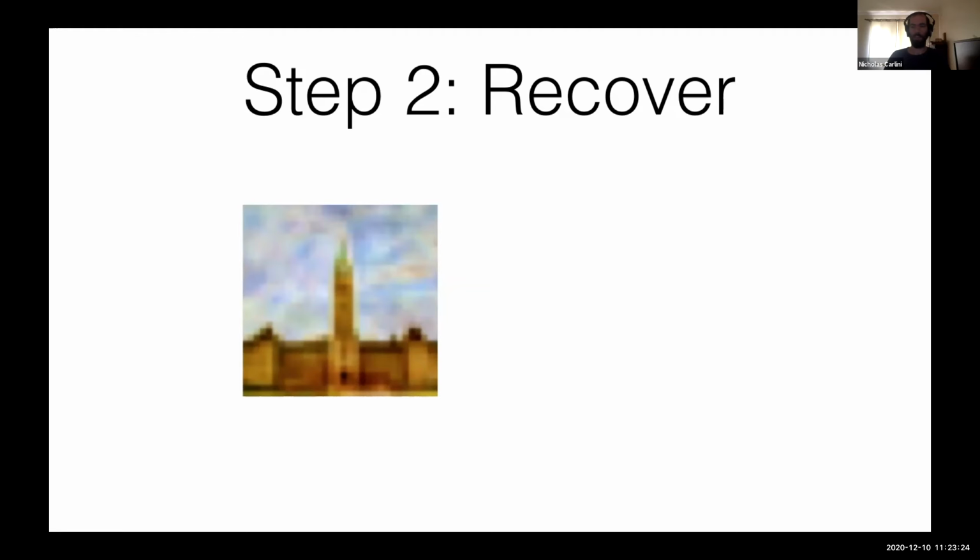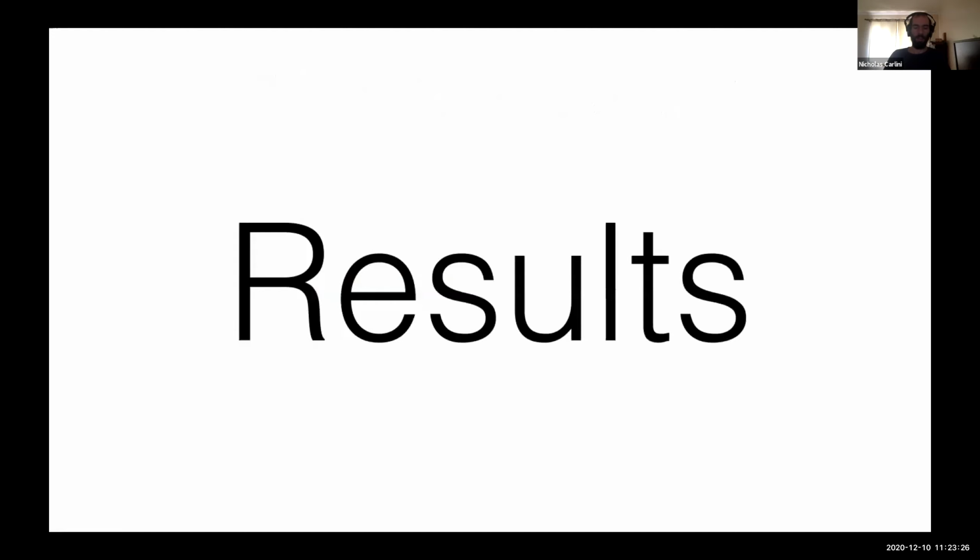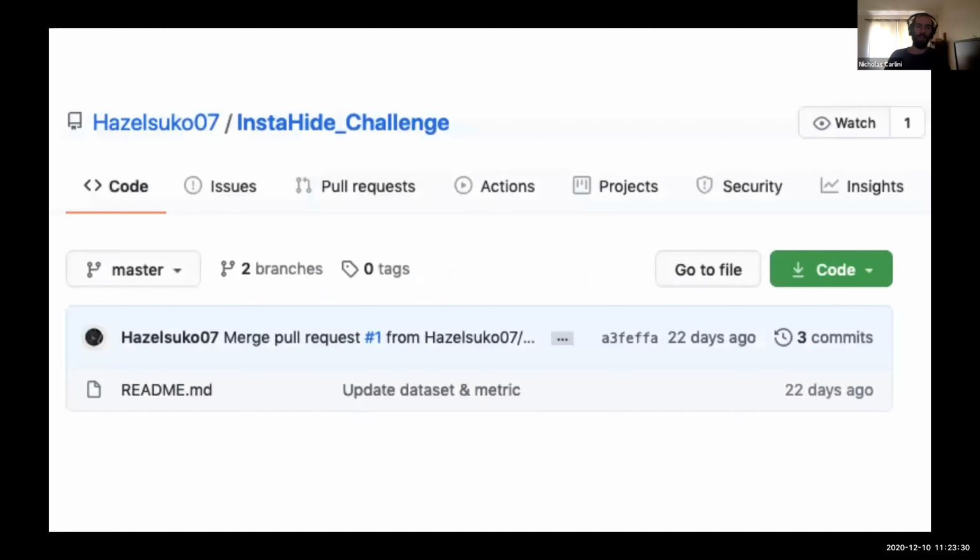Okay. So how well does this attack do? We actually implemented this in practice. We attacked the Instahide challenge, which is a challenge that the authors released, where they said, we think our scheme is secure, here's a data set that's been encoded, please try and attack it.